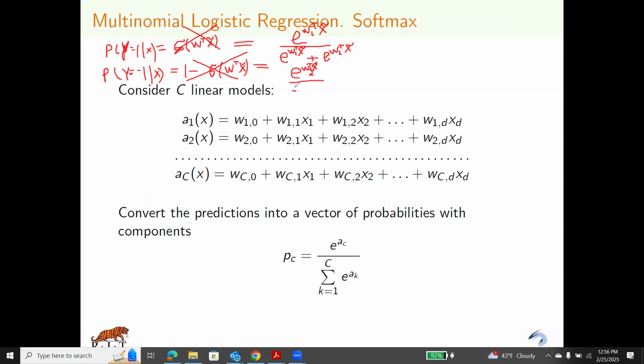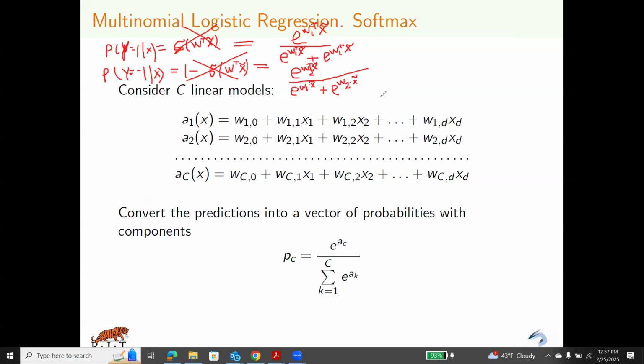I'm lazy to write the tilde and transposition, I will just use the dot for the product. Okay, I hope you agree that these numbers will sum up to 1.